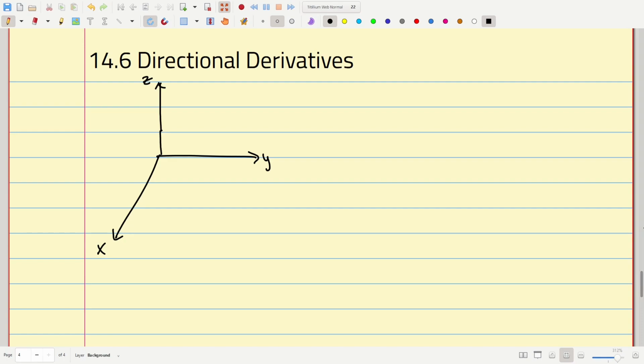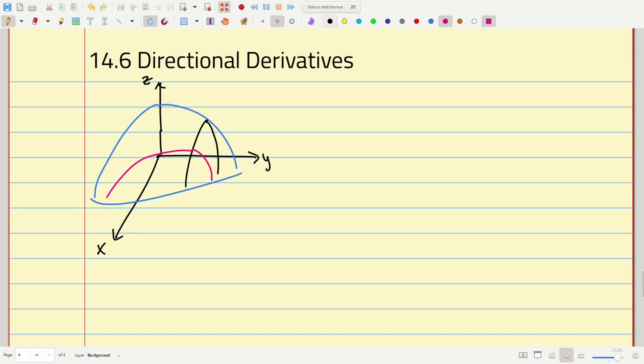Okay, so we spent some time a couple lectures ago talking about stuff that happens on a surface. Pretend that that's a paraboloid or something. And when we were looking at this paraboloid, one of the things that we examined was, drawing this next one in a different color, cross sections of this surface.